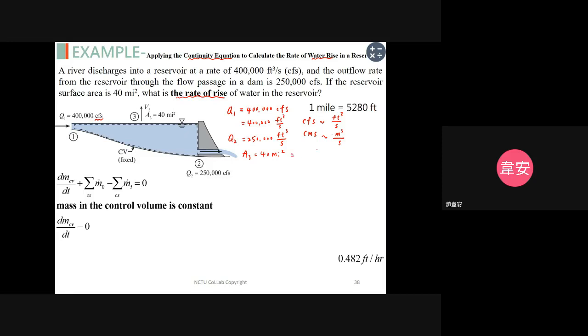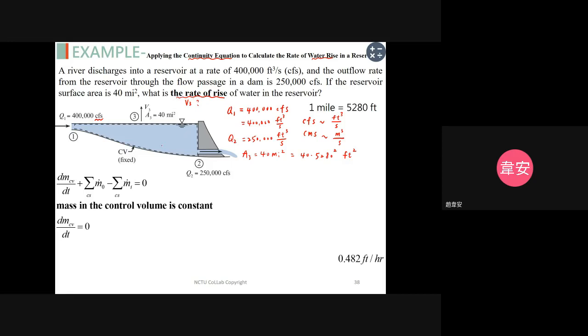So we need to convert the unit to ft squared. So 40 multiplied by 5280 squared, and we change the unit to ft squared. Okay, and the question we need to answer: what is the rate of the rising water? The rate of the rising water is V3. So we need to find how large V3 is.